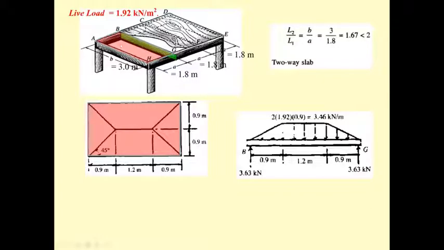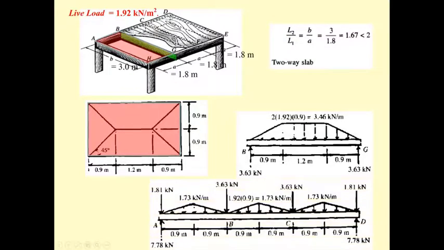For the beam AH, which takes the loading area on only one side, A and D are also going to have a reaction of half of 3.63. So this is going to be half of 3.63 at A, 3.63 at B, 3.63 at C, and half of 3.63 at D. And don't forget the triangular load that is going to be applied at the intervals AB, BC, and CD.